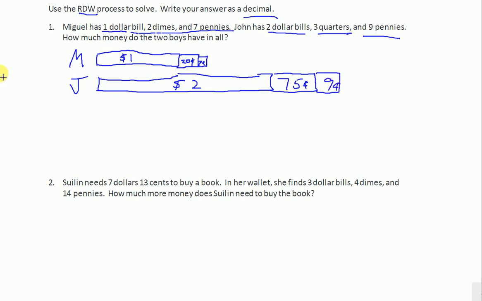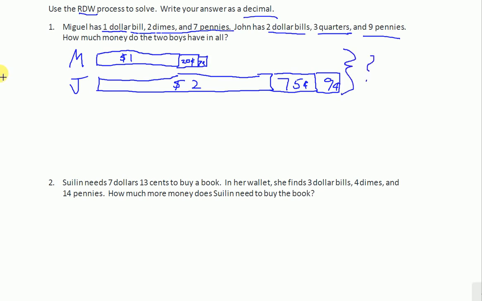All right, so let's solve this. There's a couple of different ways we can do it. We can just figure out how much money each one has and add it together, or we can just add up all the like values at once. We want to know how much they have all together.